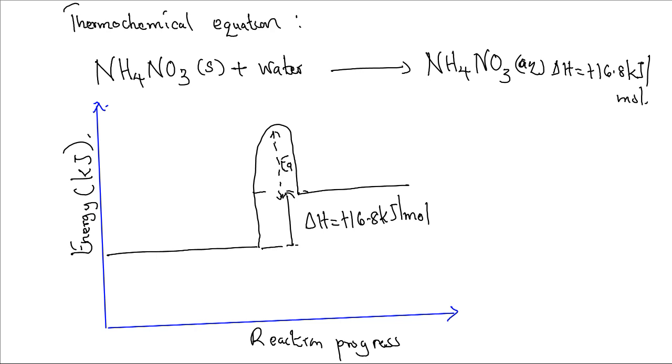So that is solid ammonium nitrate reacting with water or dissolving in water to form aqueous ammonium nitrate. That is the energy level diagram for the dissolution of ammonium nitrate.